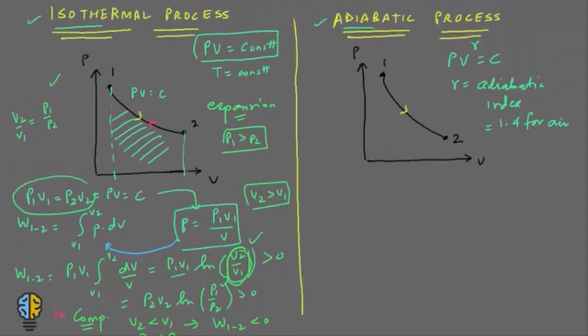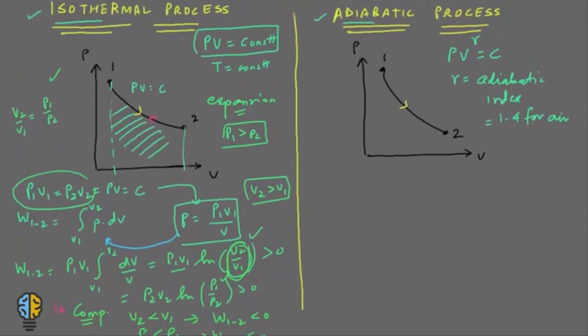Now let's move on to the adiabatic process. The same process can be adapted in this analysis as well. So you can get P1 V1 to the power gamma is equal to P2 V2 to the power gamma is equal to PV to the power gamma is equal to constant, and we can have work from 1 to 2 is equal to integral V1 to V2 of P dV.